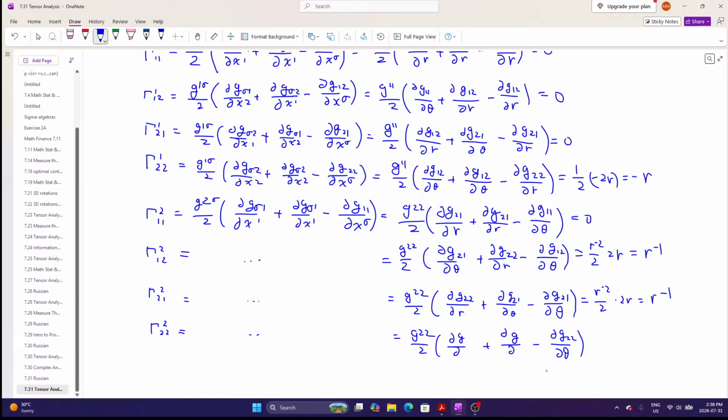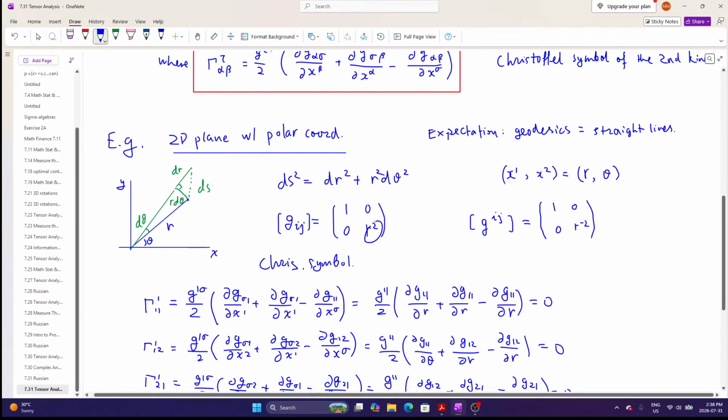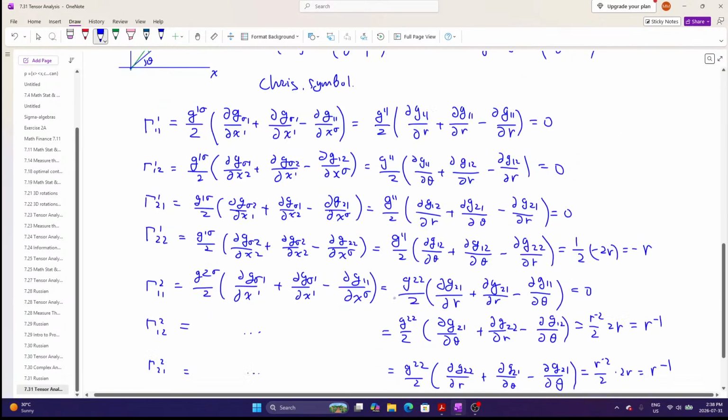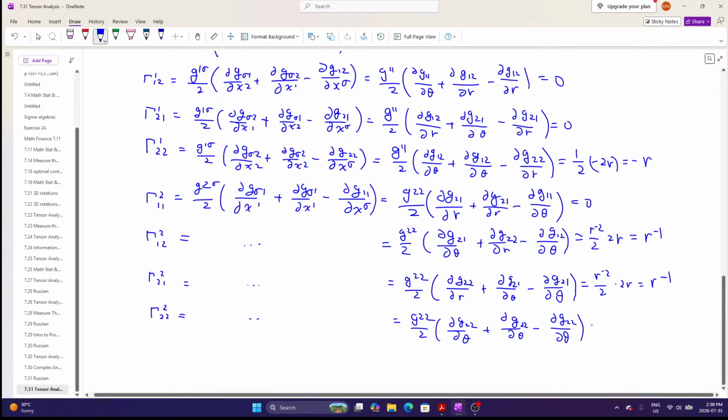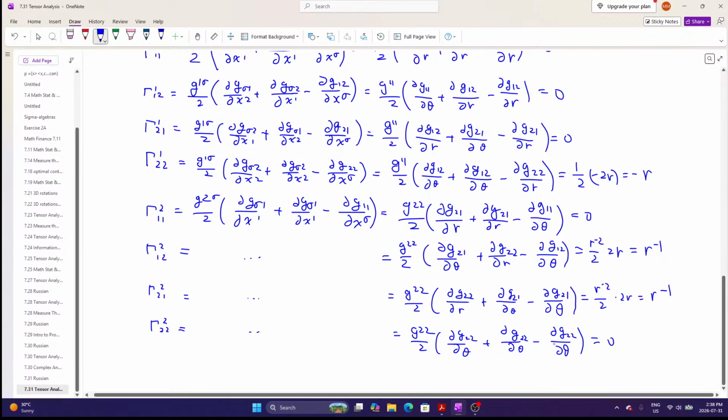Okay, and here summation index 2, so we put 2 here, 2 here, and the indices are all 2, so it's 2 here, 2 here, and dx2 is d theta. So this is theta here. Okay, and because g22 is r squared and does not depend on theta, the last three derivatives all vanish, so it just gets 0.